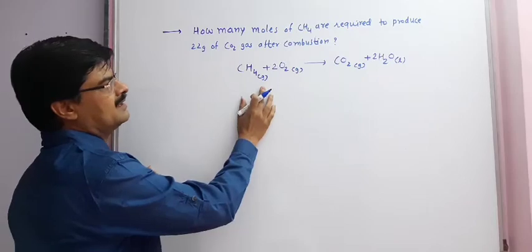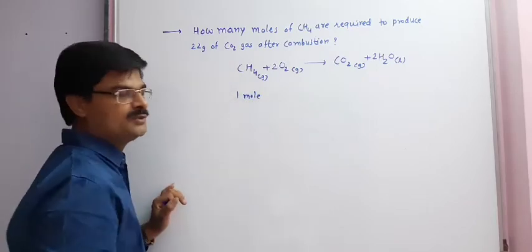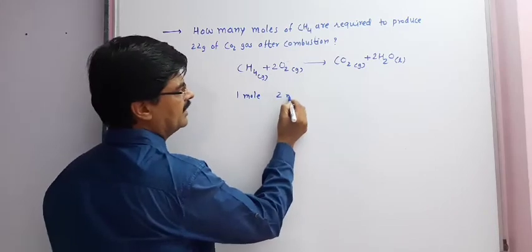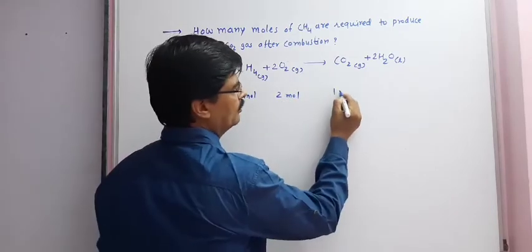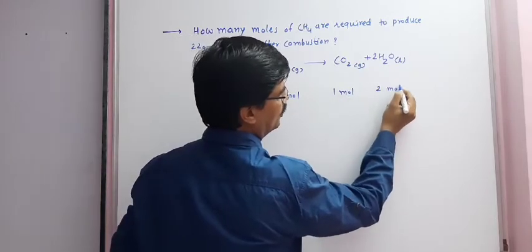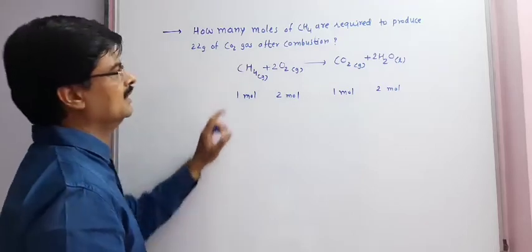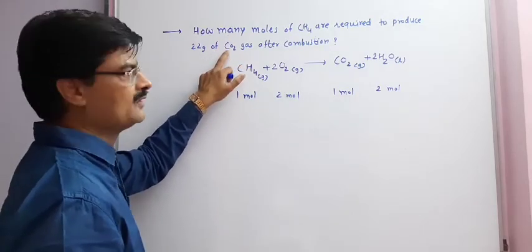Now from the balanced reaction we can say 1 mole of CH4 reacts with 2 mole of oxygen to give 1 mole of carbon dioxide gas and 2 mole of water. Now here we are given 22 gram of carbon dioxide.